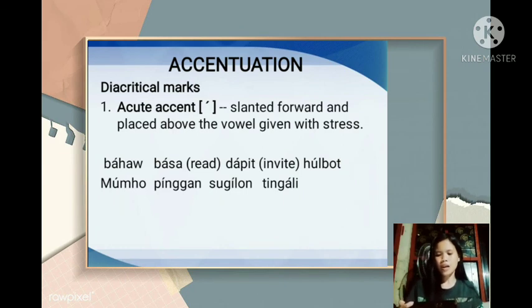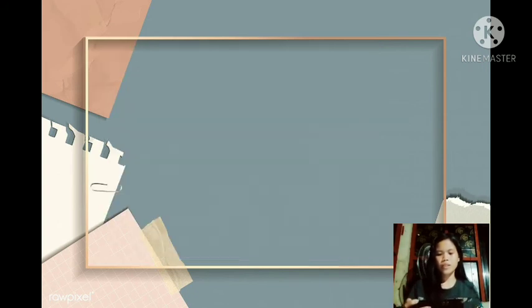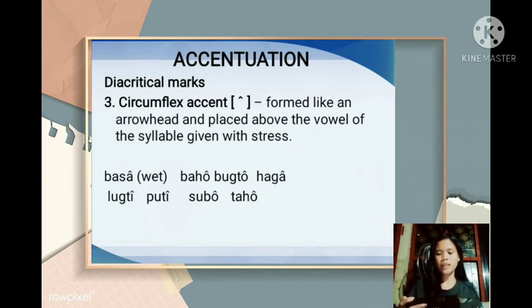Diacritical marks. Acute accent, slanted forward and placed above the vowel given the stress. The second is grave accent, slanted backward and placed above the vowel given with stress. Batu, dapit, gubot, lumad. The third is circumflex accent, formed like an arrowhead and placed above the vowel of the syllable given with stress.